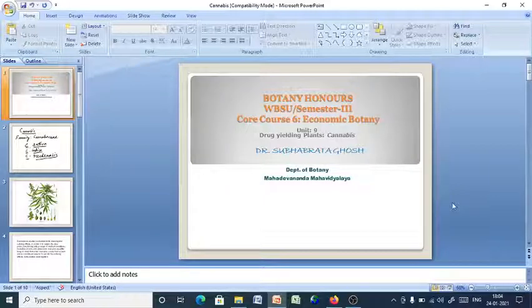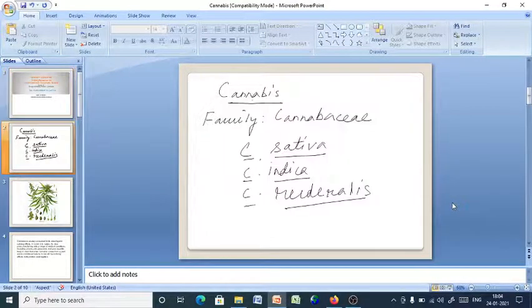So cannabis, commonly known as a very famous and important gateway drug. Usually, these three species are very important whenever we want to study about cannabis.